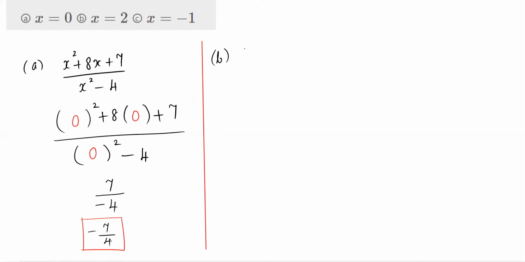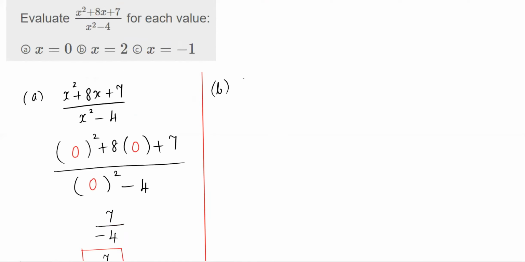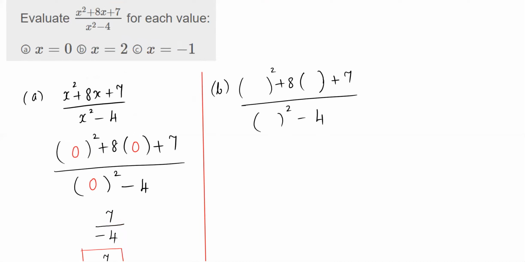What about B? So at this point, let's just try to put the shells right away. And for part B, you have to plug in 2 for x.